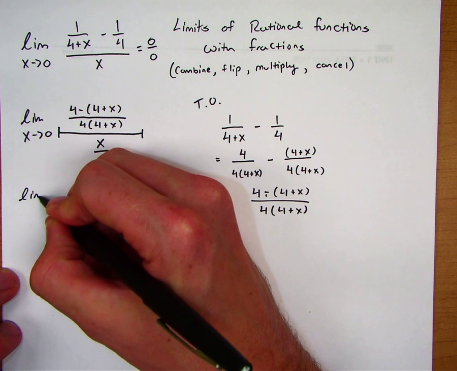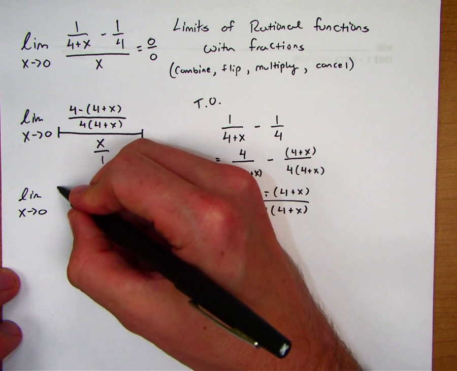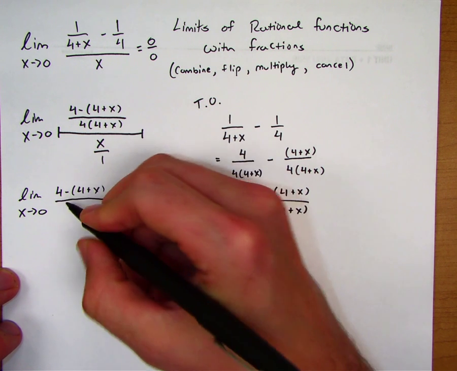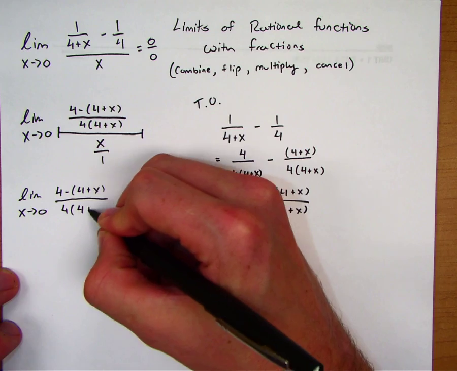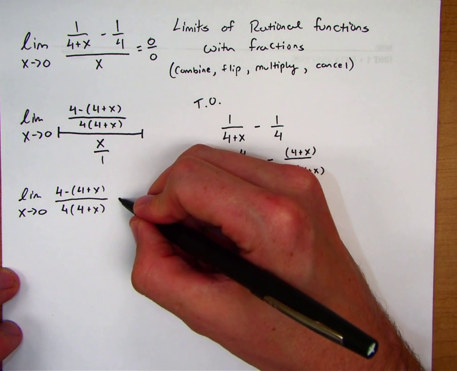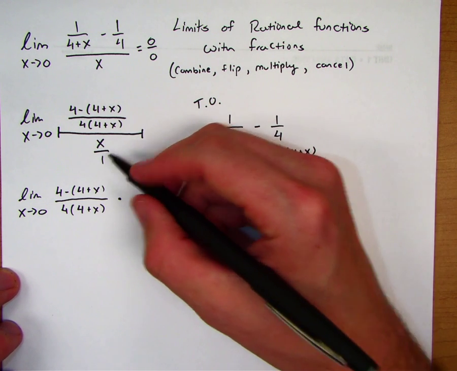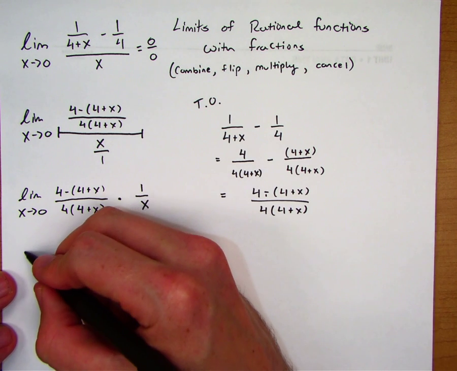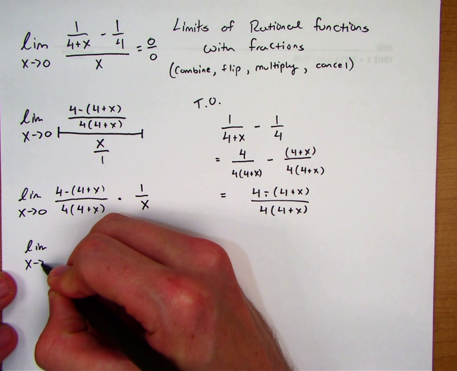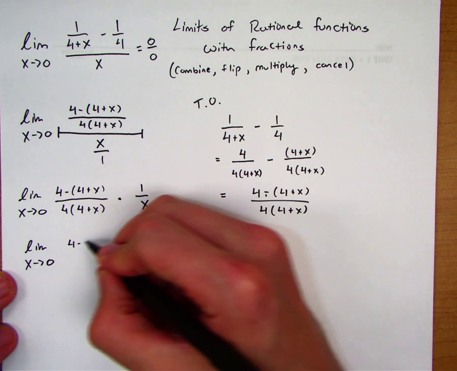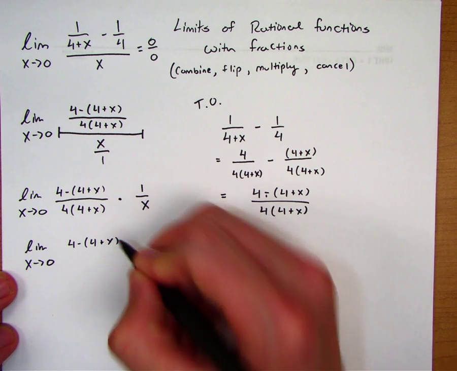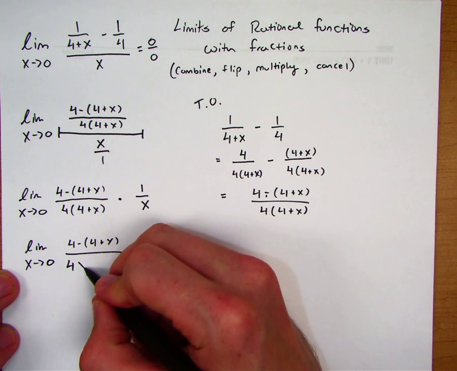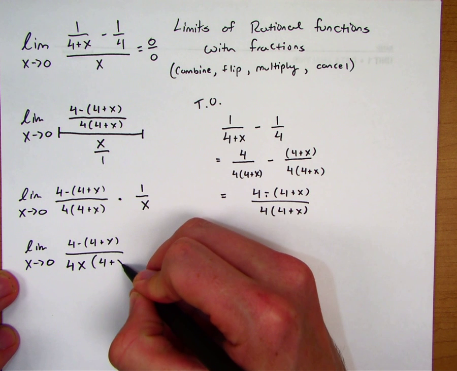So we get limit x goes to 0 of 4 minus 4 plus x all over 4 times 4 plus x times, instead of x over 1, we're going to multiply by 1 over x. Simplifying, limit x goes to 0, 4 minus 4 plus x all over 4, well, it's 4 times x, times 4 plus x.